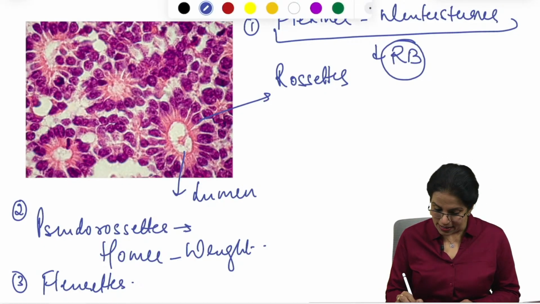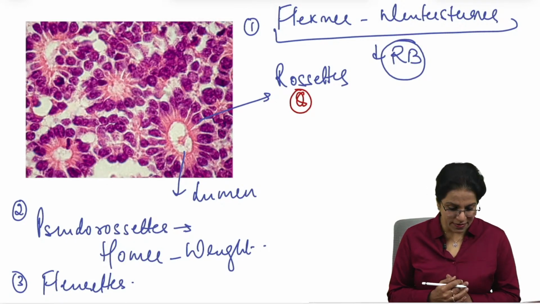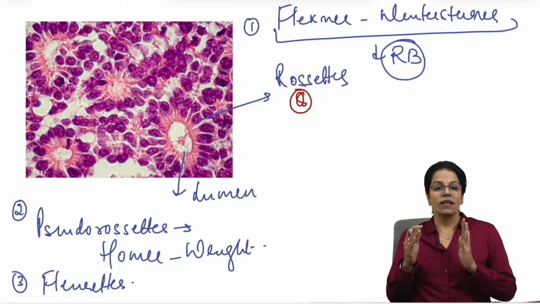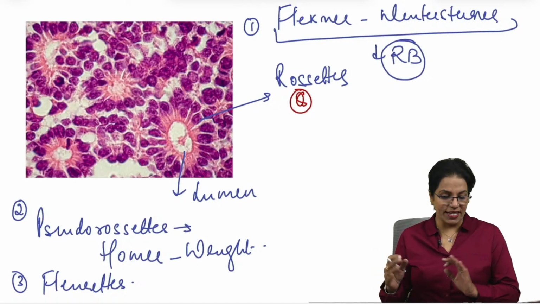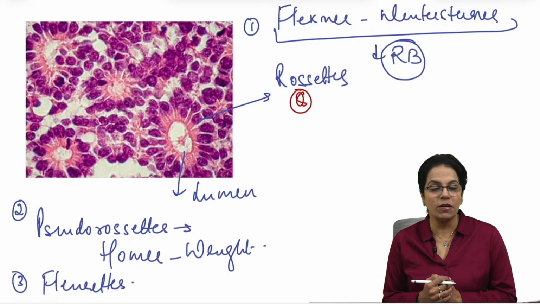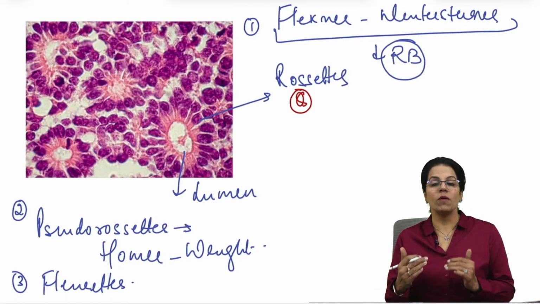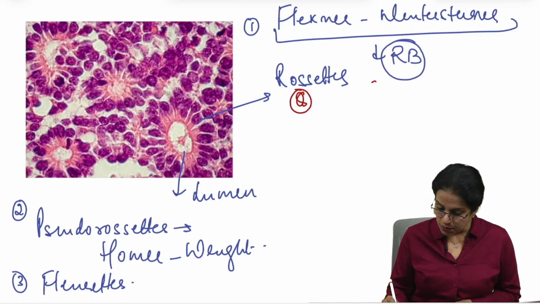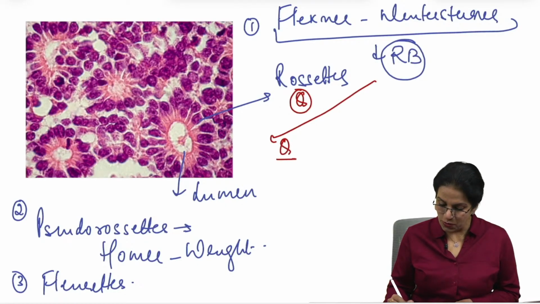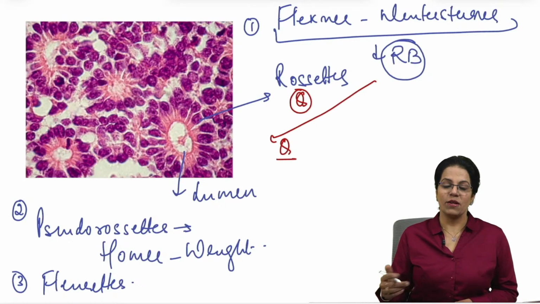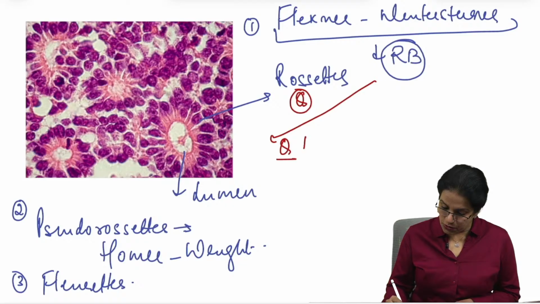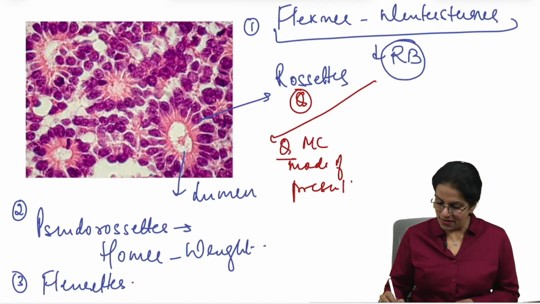What is the next thing? Next thing that you have to know is about the most common mode of presentation. Can you all answer me? It will be more enjoyable. My question is, which is the most common mode of presentation in retinoblastoma? As I told you, today I am going to discuss around questions and images.